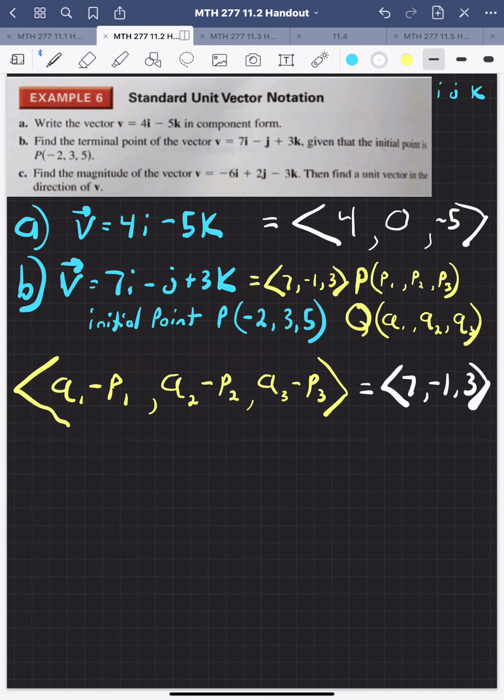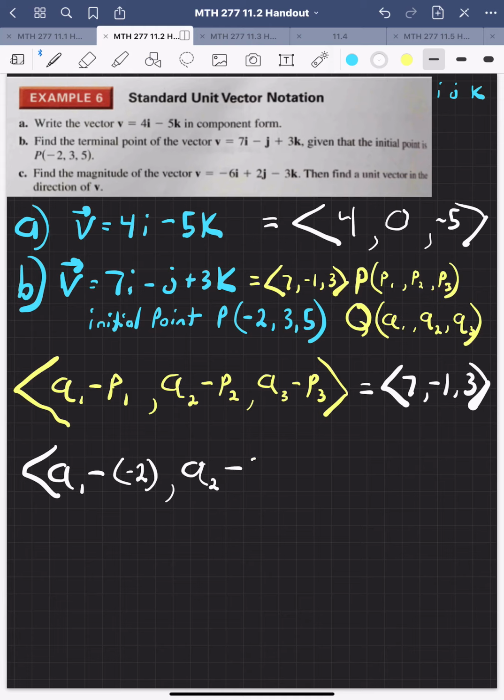Ready? Let's go. So what is that going to look like? It's going to be Q sub 1 minus, and that's going to be -2. And then it's going to be Q sub 2 minus, what do I have for P sub 2?